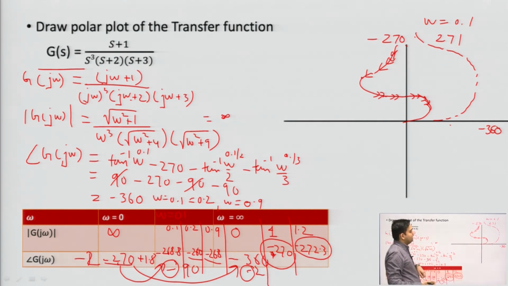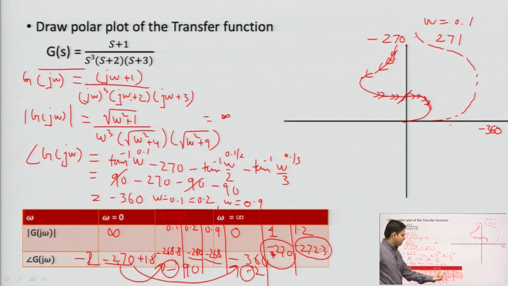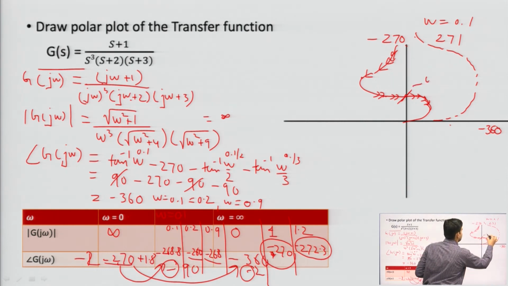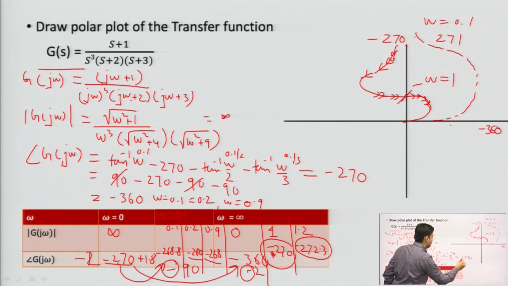Okay. So, I need to determine what value of omega is here. We already determined that when I put omega equal to 1, this polar plot touches the minus 270 line again. So, here my value is omega equal to 1. If you do not know, you can check this phase expression, put the line as minus 270 where the phase is, and from this expression calculate omega, this will cancel out.